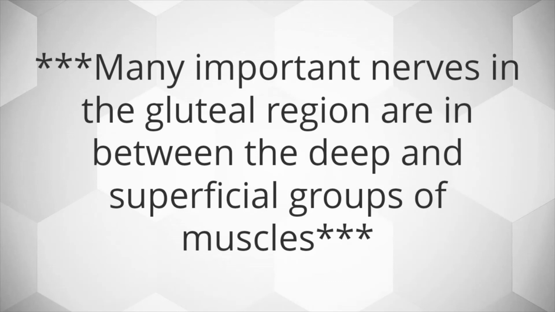One note that we should know is that many important nerves in the gluteal region are in between the deep and the superficial group of muscles. Why is this important? You have the superficial group, which includes the glute max, glute medius, glute minimus, and the TFL. And then you have the deep group, which are the lateral rotators. They are one on top of another, and the nerve just travels in between.